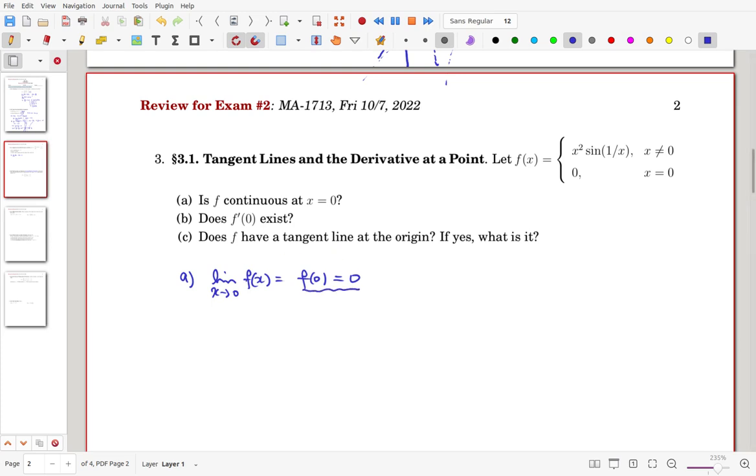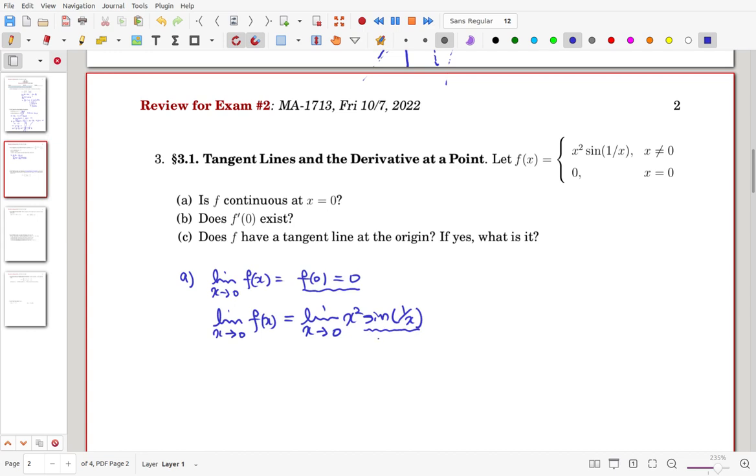Now we have to find the limit. The limit as x approaches 0 of f of x, where x is not 0 but approaching 0, is the same as the limit as x approaches 0 of x squared sine of 1 over x. Here 1 over x, as x approaches 0, will be oscillatory.